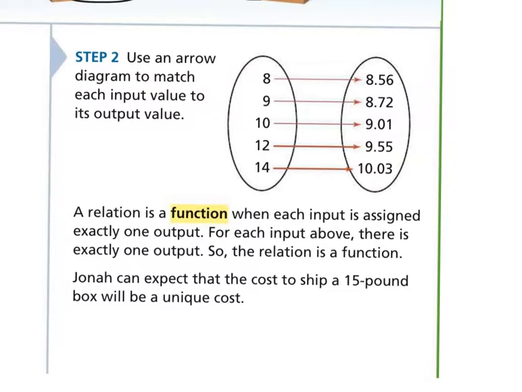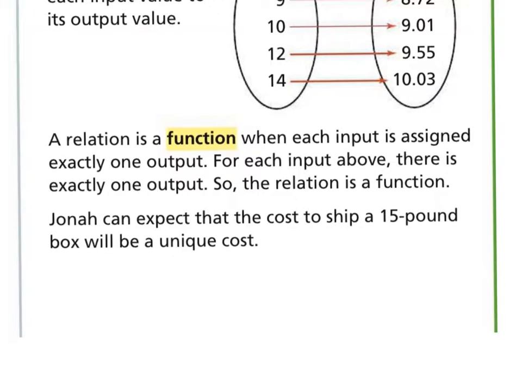One thing we could do is make an arrow diagram to match the inputs to the outputs. And when we make an arrow diagram, as long as an input is only going to one output, then we have a function. Each input is assigned to exactly one output. So this would be a function, and so we expect the cost of shipping a 15-pound box would be a unique cost.